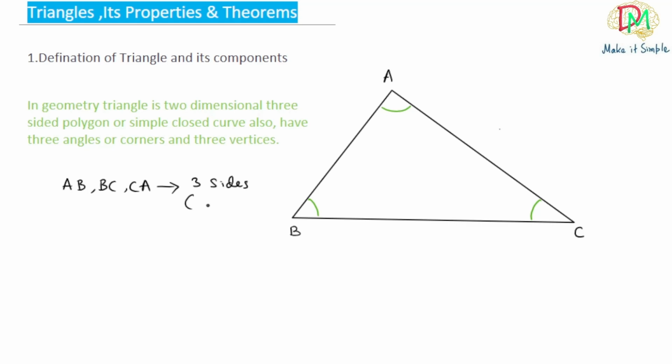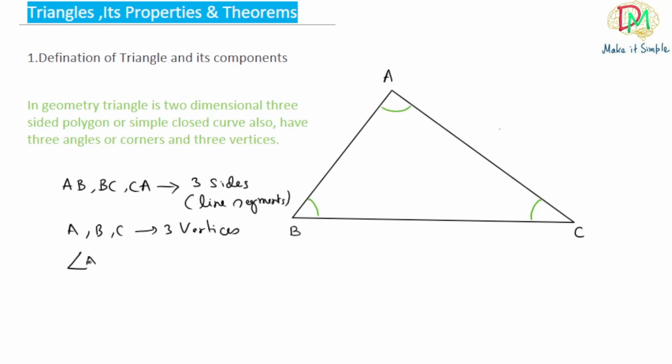The line segments. And A, B, C are the vertices. Three vertices.